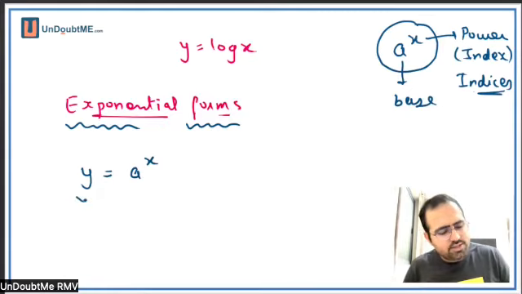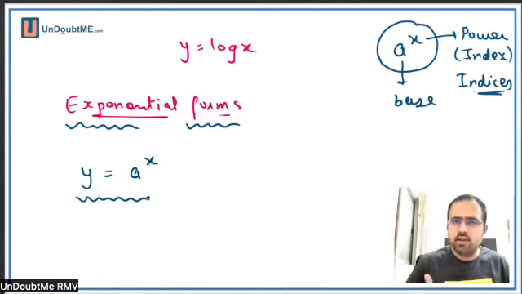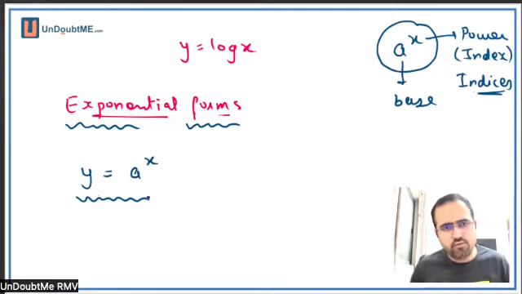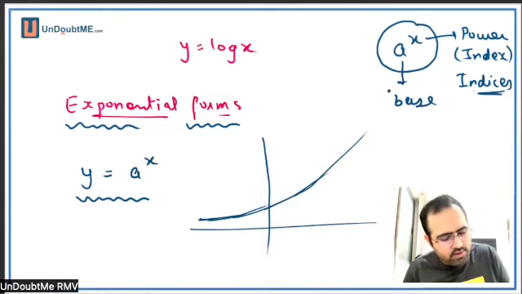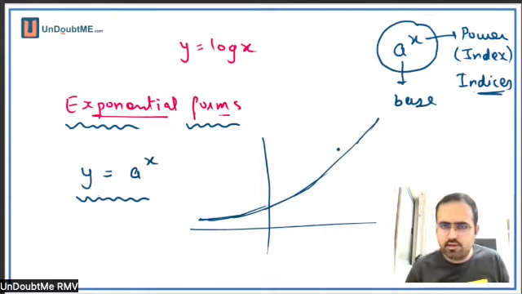Now this is treated as a function, and we discussed just a few minutes before that a function is nothing but x comma y coordinates in a certain sophisticated manner. When I draw the graph of this, I will get it in this form. This is a graph of exponential rise.